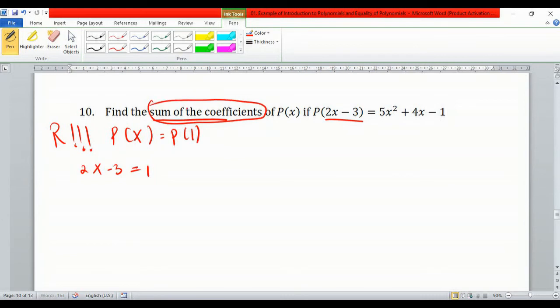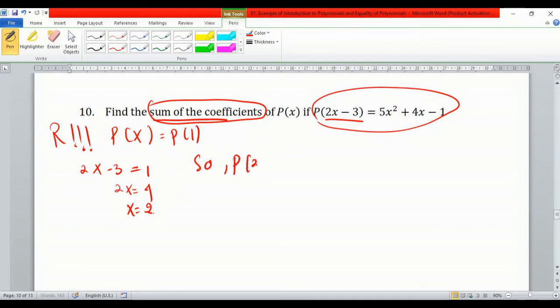If they were just asking about the term P(x), it would not be P(1). Okay, so from here you will get 2x equal to 4, so x equals 2. So we can substitute all the x with 2.